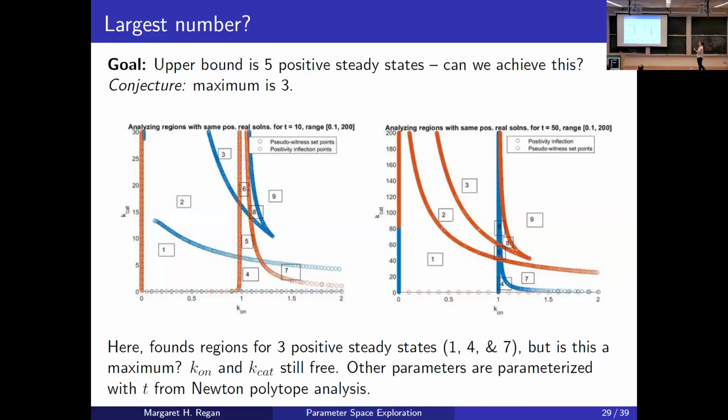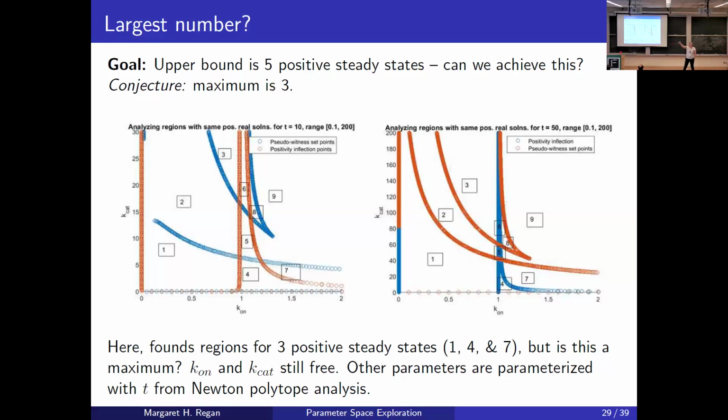Because this parameter space, while it goes over values of k-on and k-cat, I don't know if you remember from like 35 minutes ago maybe when I told you that there were 12 parameters. And so this is just looking at 2 of those 12 where we set a parameterization based on a relationship related to all of the other 10.